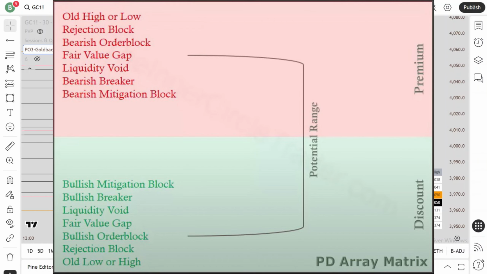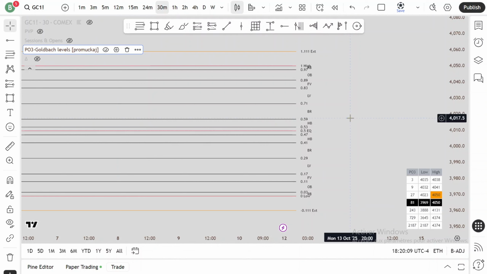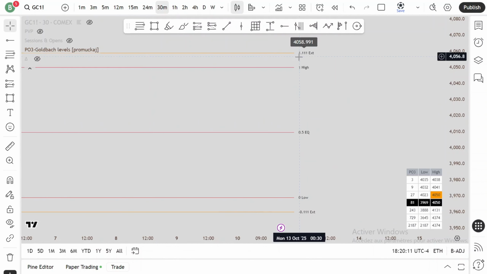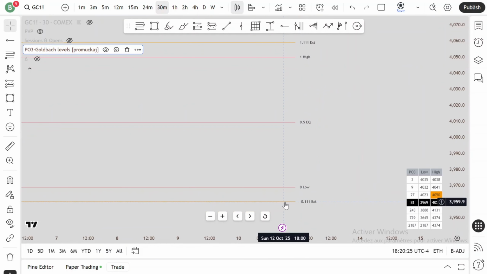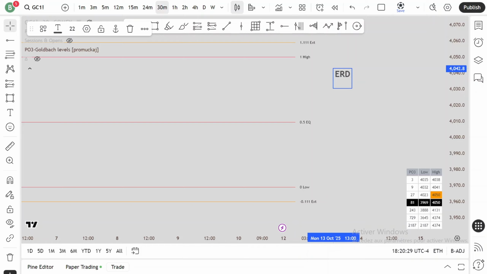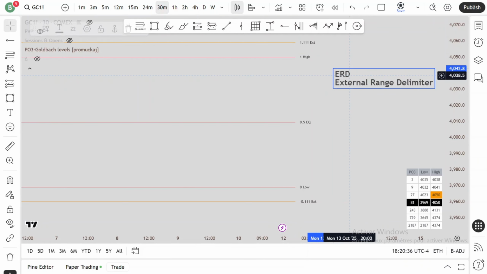So if we only keep the dealing ranges, only low and high, and a separation for discount and premium, that's the only thing we care about. Maybe also ERL, external range liquidity. I think that's the acronym.